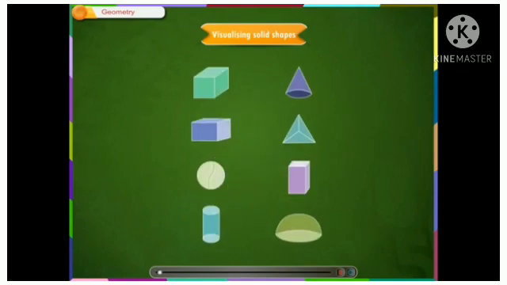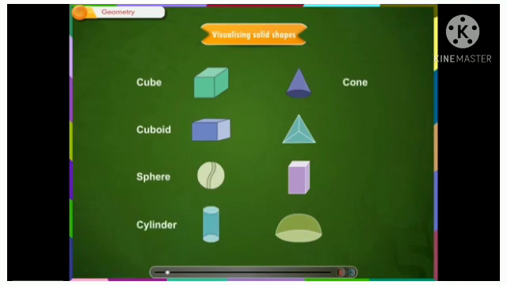Visualizing solid shapes. Solid shapes are the three-dimensional shapes. We have already learnt about these shapes: cube, cuboid, sphere, cylinder, cone, pyramid, prism and hemisphere.